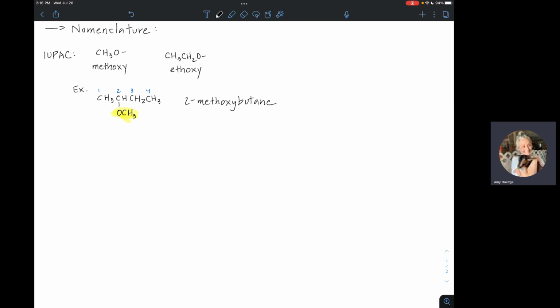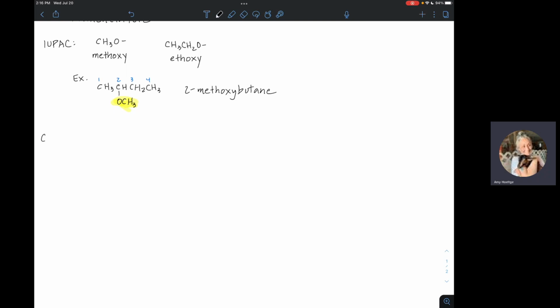Common nomenclature, which is typically used for smaller ones especially. You're literally just going to take the names of both of the alkyl substituents and put them in alphabetical order and follow it up with the word ether. Much easier, especially for smaller ethers. So you could have something like this.